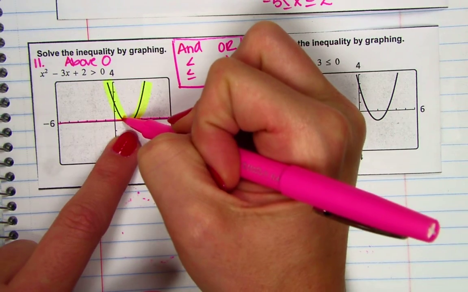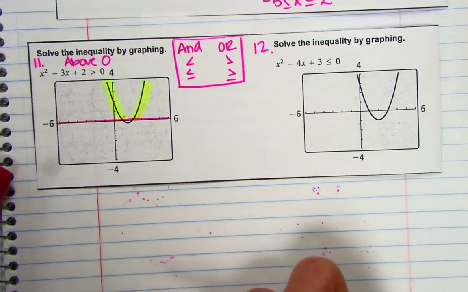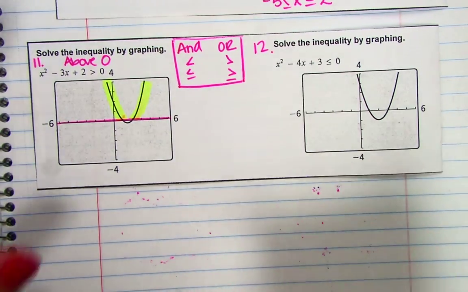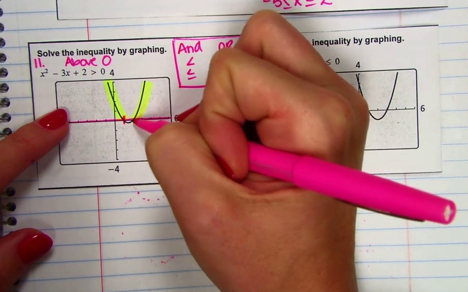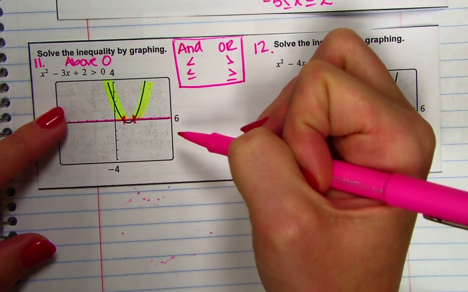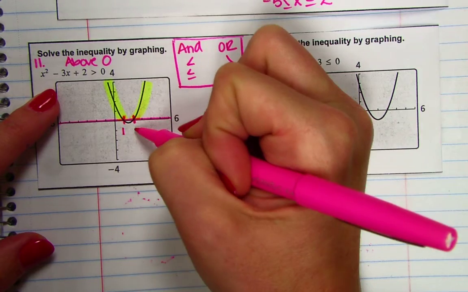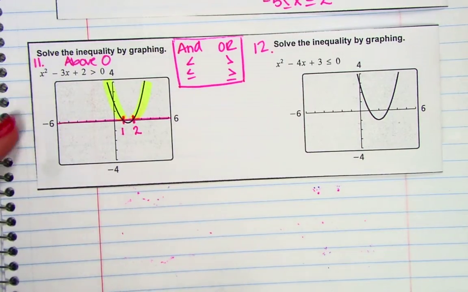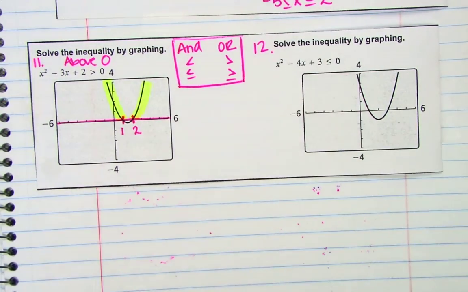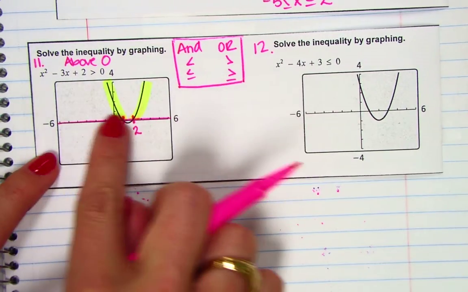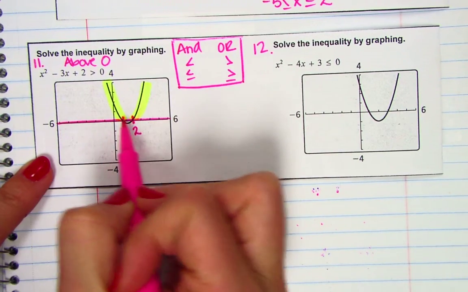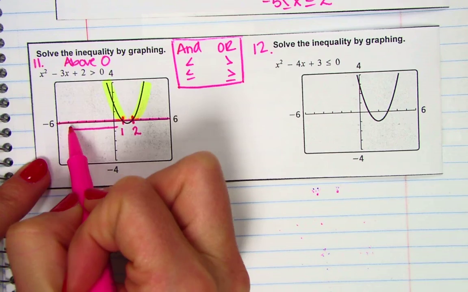So we need the x-intercepts, just like we've been finding, to tell us our answer. What are the x-intercepts here? 1 and 2.